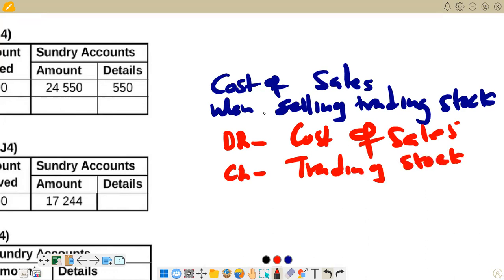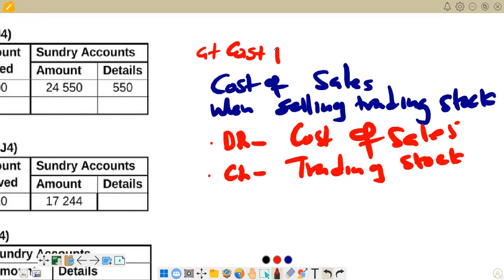So this is what we have when we are recording cost of sales when selling trading stock. The figure that we'll be using to debit and credit here is at cost price. We don't use the figure for selling price.